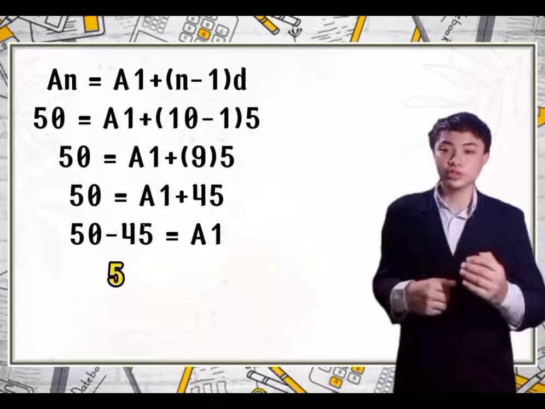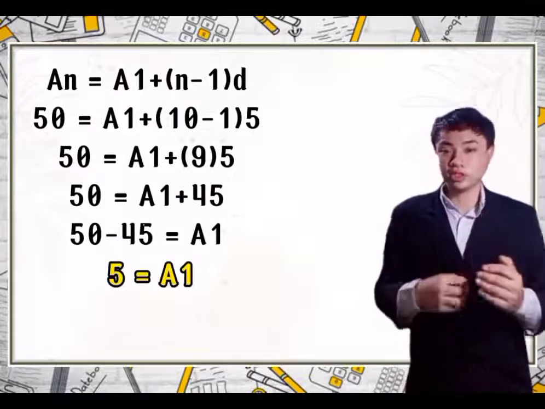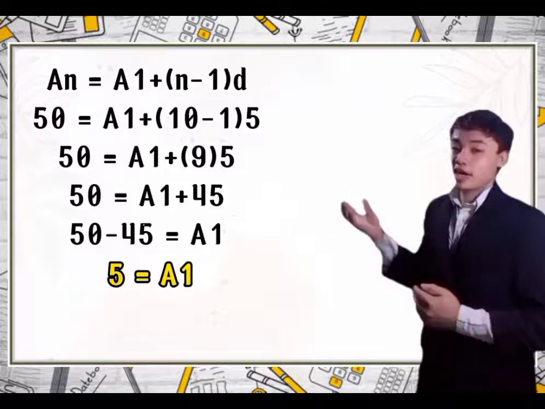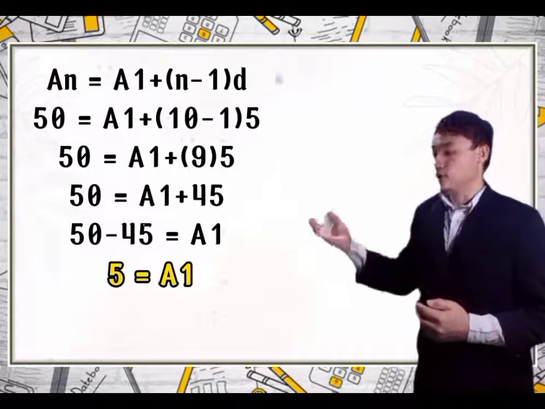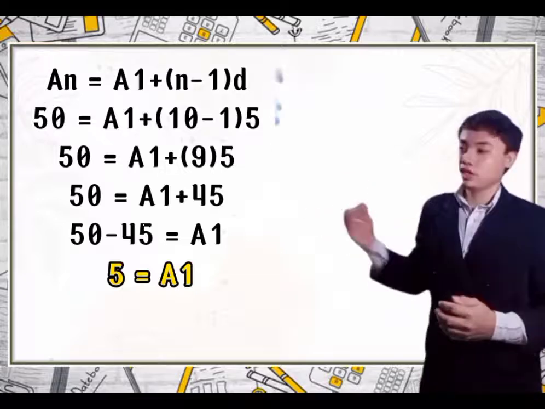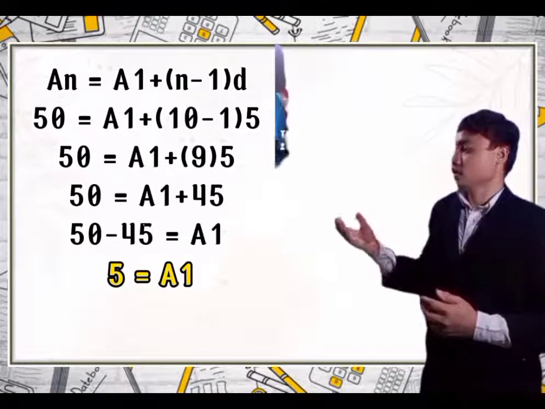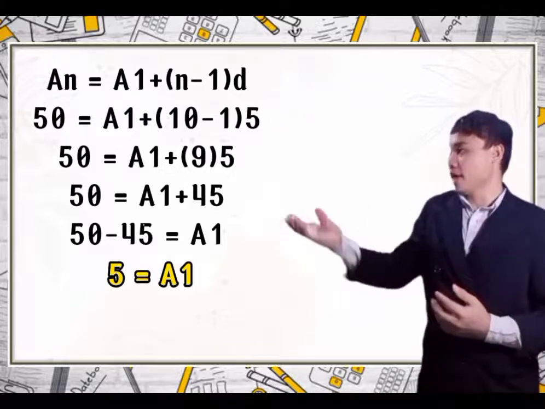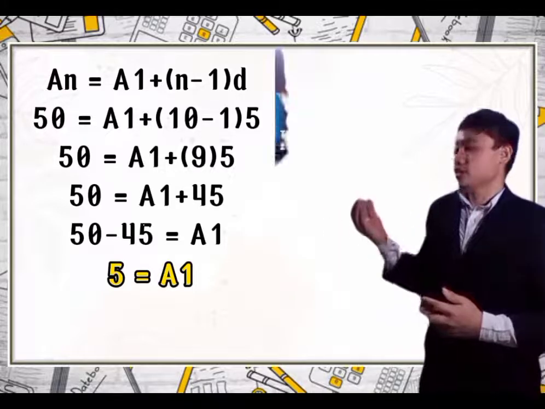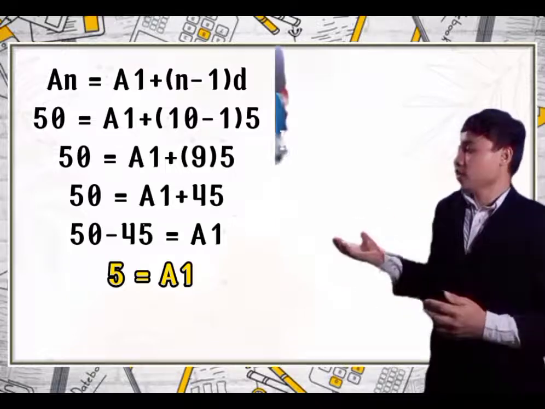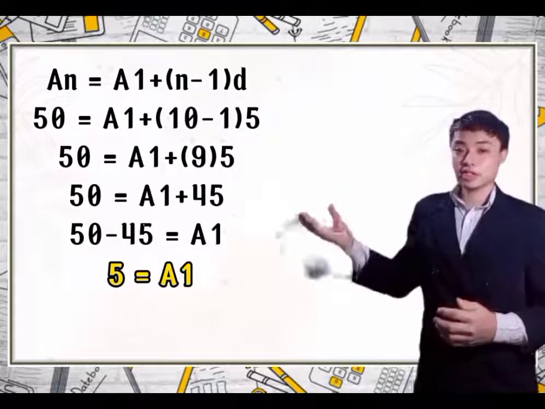Now we're going to use the formula of arithmetic sequence. So a sub n equals a sub 1 plus n minus 1 times d or the common difference. Since our a sub n is 50, so 50 equals a sub 1 plus 10 minus 1 times 5. 50 equals a sub 1 plus 9 times 5. 50 equals a sub 1 plus 45.